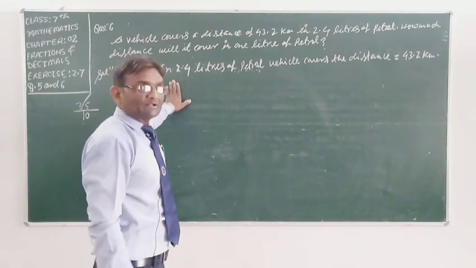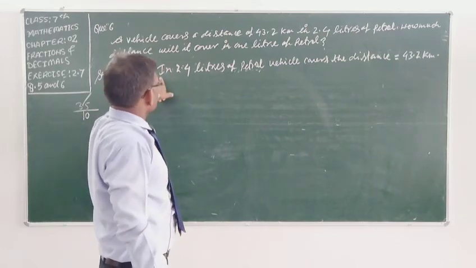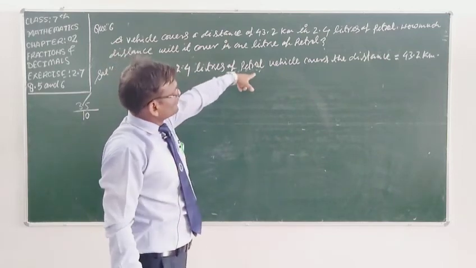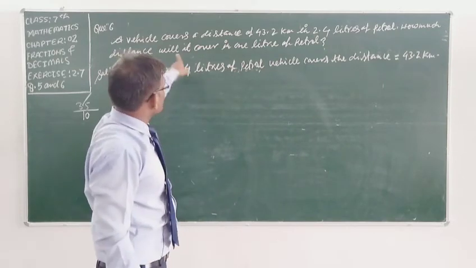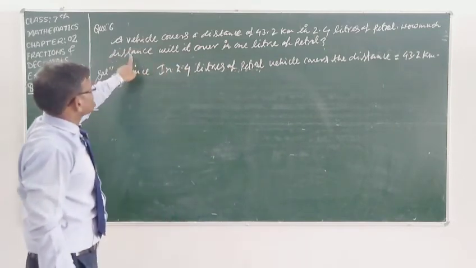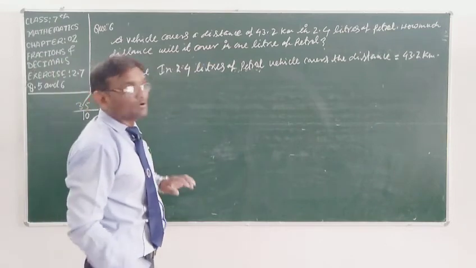It is given, student, in your question. In 2.4 liter of petrol, vehicle covers the distance 43.2 kilometer. So question is asking me, how much distance will it cover in 1 liter of petrol?